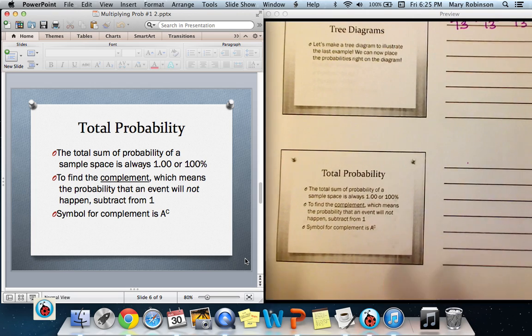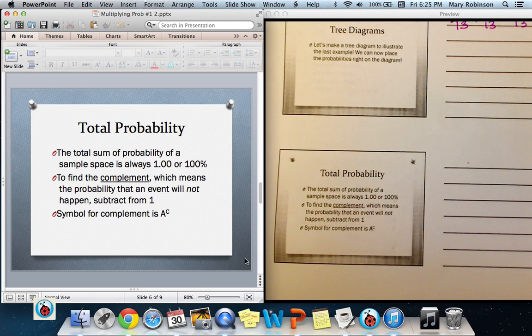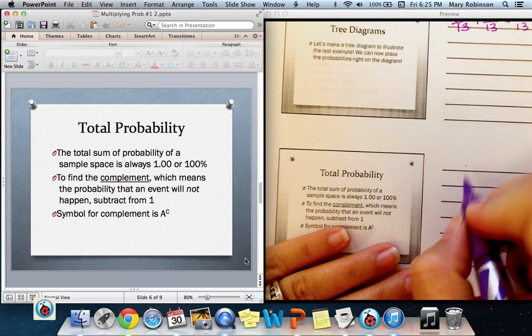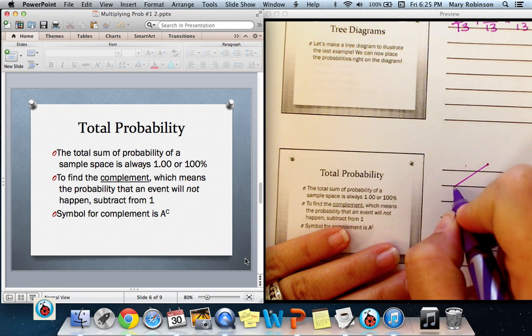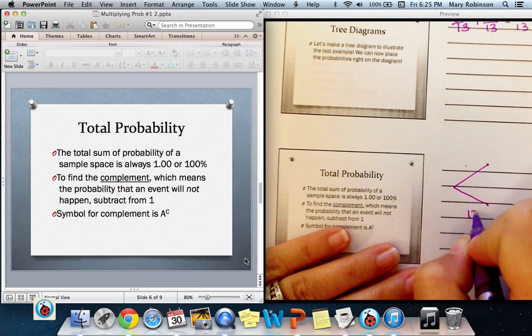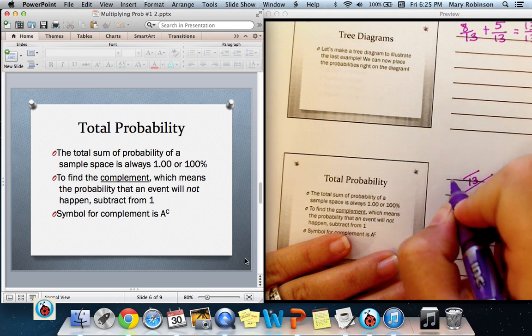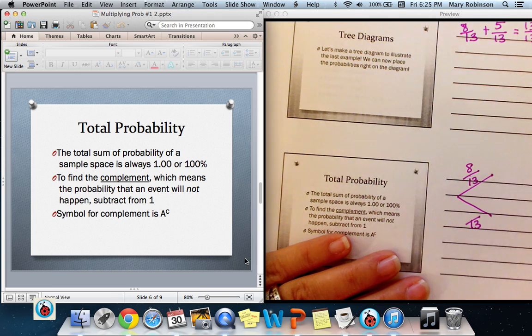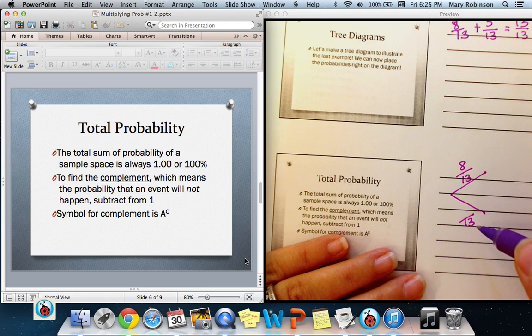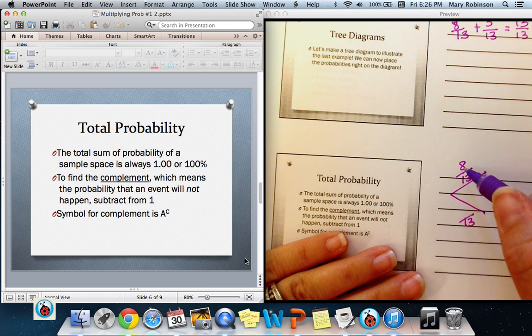To find the complement, which means the probability that an event will not happen, we subtract from 1. For example, if we knew that there were 13 sodas in the cooler, and we knew that 8 of them were regular, if we did not know how many were diet, but we knew the total, we would know that the numerators for this probability and this one must add up to 1.